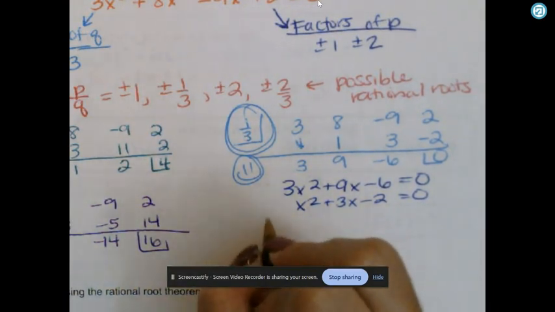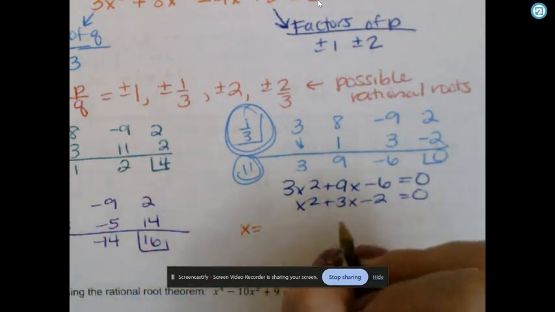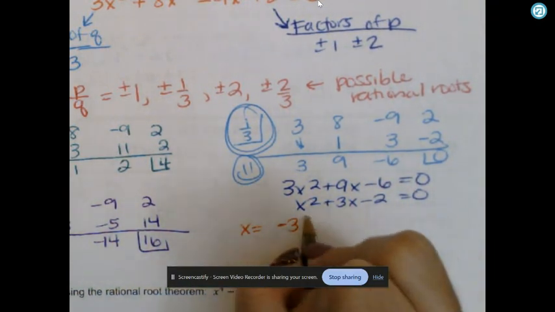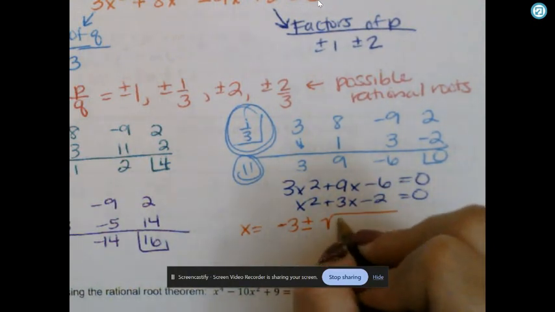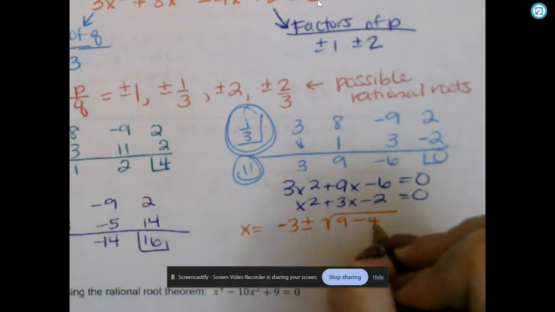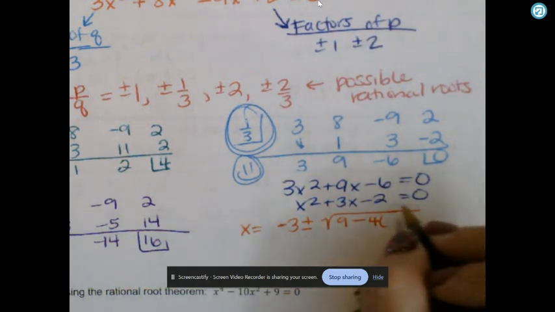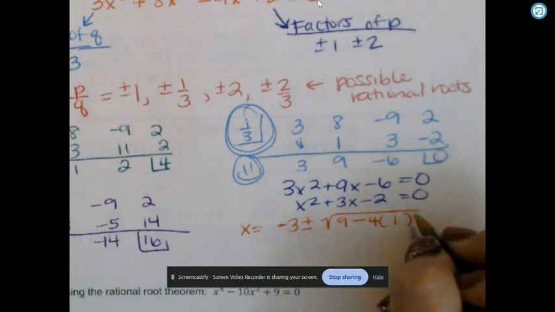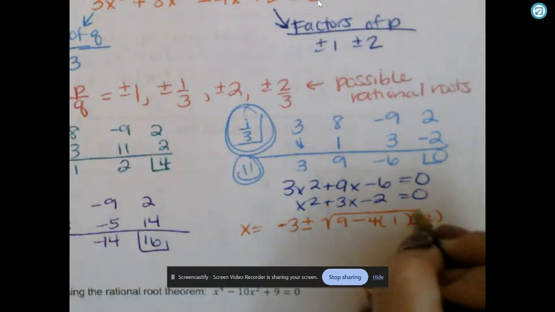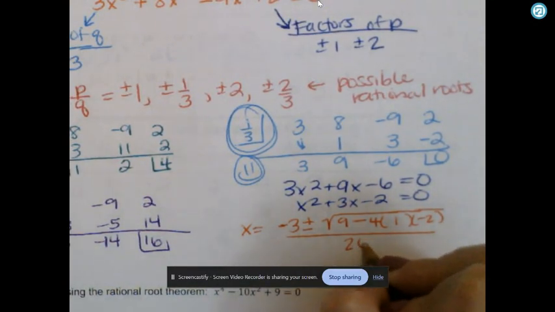So remember our song, opposite B. So negative 3 plus or minus square root B squared, which is 9, minus 4AC. A is 1, and C is negative 2, all over 2A.